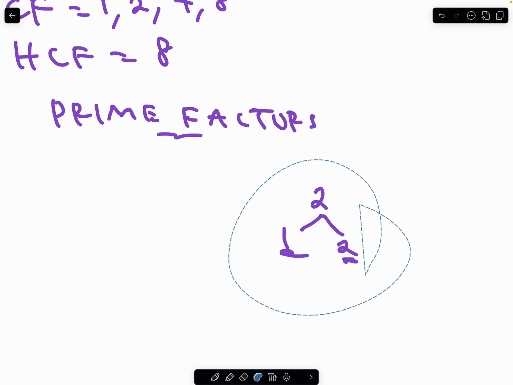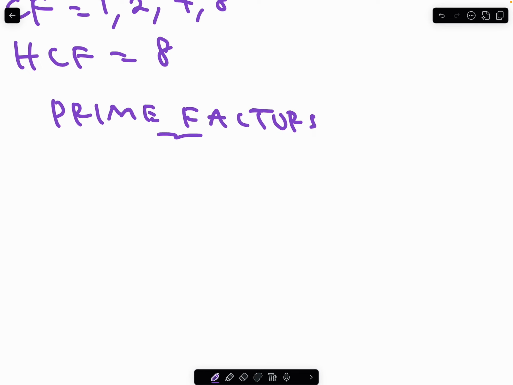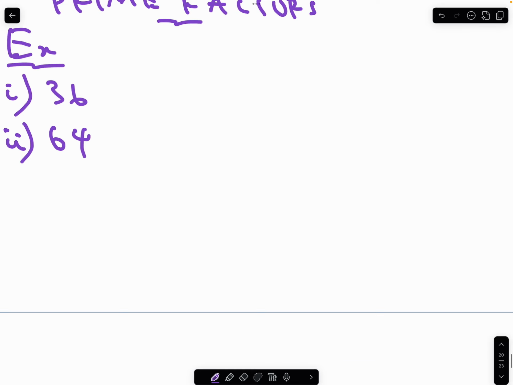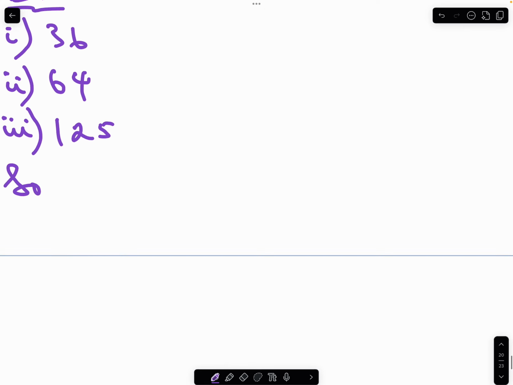Now let's see how to express a number as a product of its prime factors. Example: express as prime product (1) 36, (2) 64, and (3) 125. Let's go to the solution.